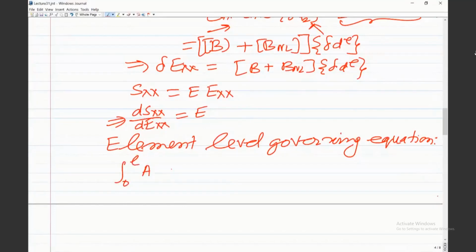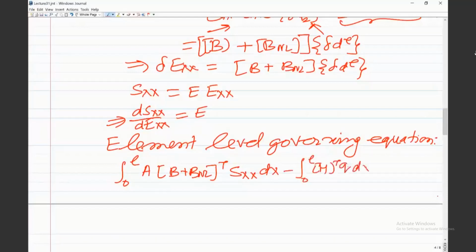This is the integration over the reference volume. A is the reference cross-sectional area in the undeformed configuration, and then we have B plus BNL transpose as it is, and S has only one component, so I write just Sx into dx, minus integration 0 to L of H transpose into Q dx, which is the internal load vector Q1 minus Q2. Now this is equal to a null vector. So this is what you get as the element level governing equation.